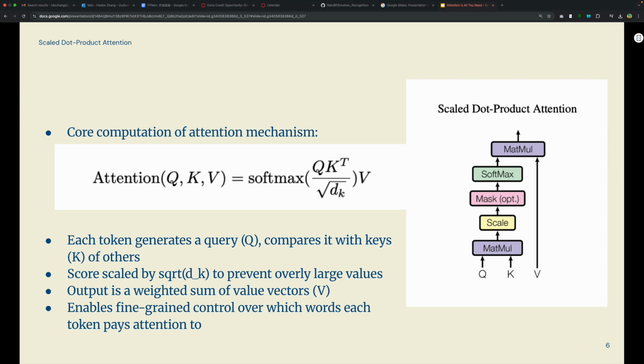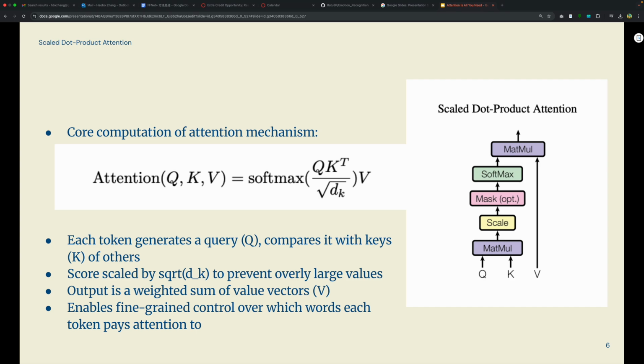This scaling prevents the softmax function from producing extremely peaked distributions, which can make learning unstable. Once scaled, the scores are passed through a softmax function, which converts them into a probability distribution over all tokens. These are known as attention weights.